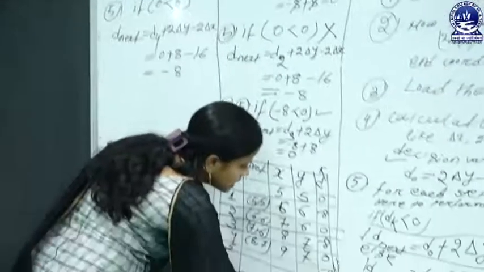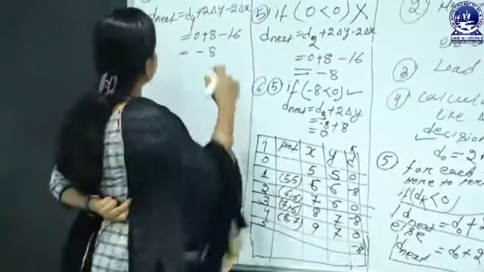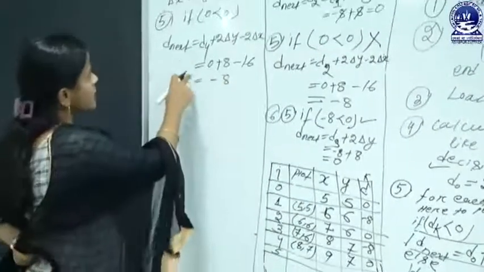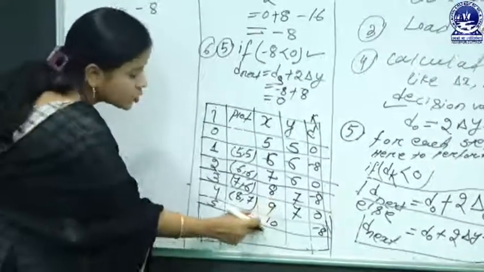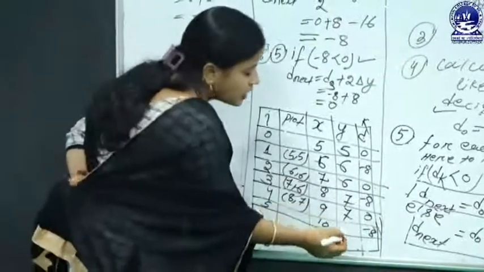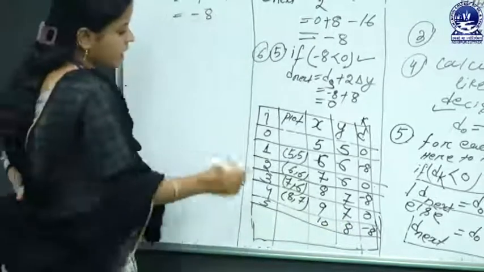So in this case minus 8 is the decision variable value. As it follows the else condition, one constraint is given: the x coordinate is incremented by 1 unit, that means 9 plus 1, that's 10, and the y coordinate is also incremented, 7 plus 1, that's 8.